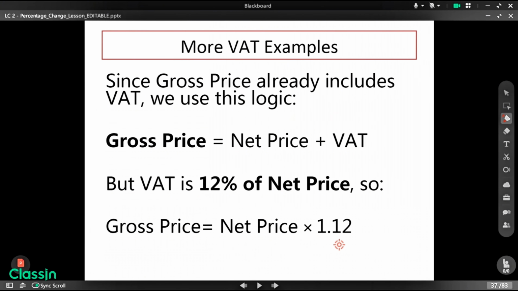Because we know that VAT is 12% of net price, meaning net price times 0.12 for us to get the VAT amount. So therefore, the representation of VAT is 1.12.